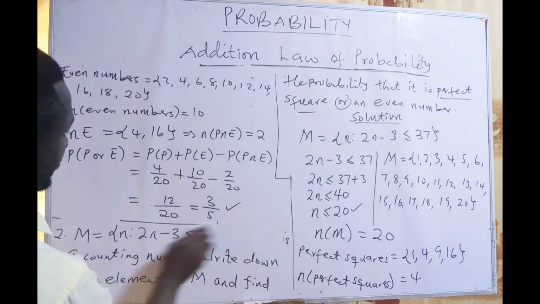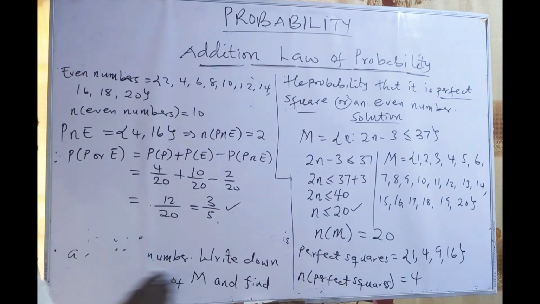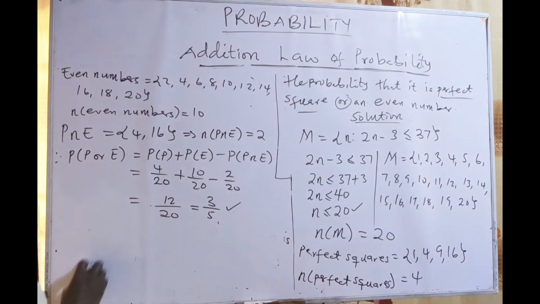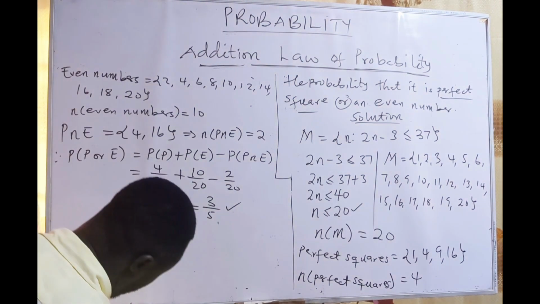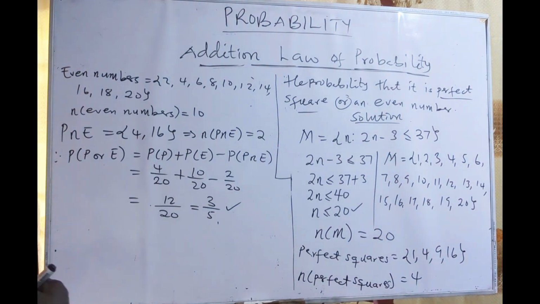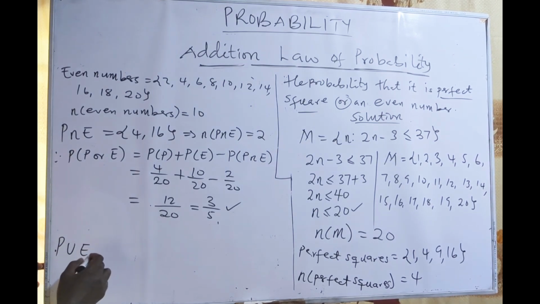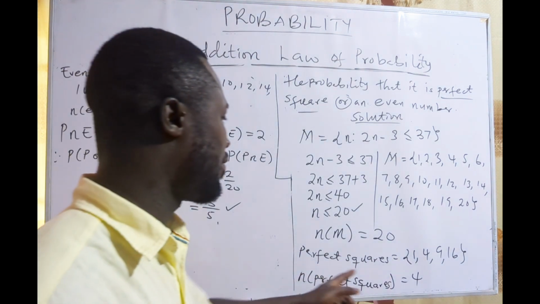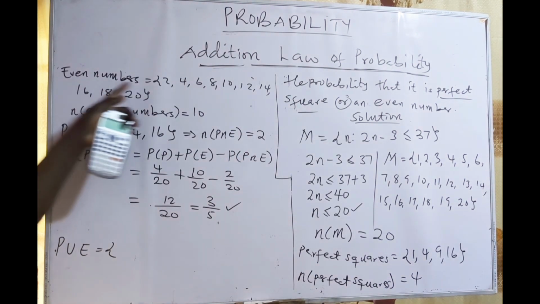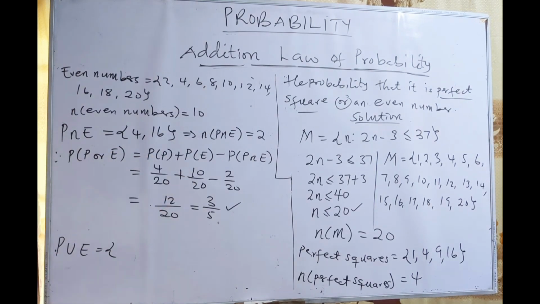You can also solve the same question in a simpler way, without going through all this. As I said, what you do is find the union, perfect union even. Before you do this, you have already listed your perfect squares and your even numbers, then you find the union of the two.